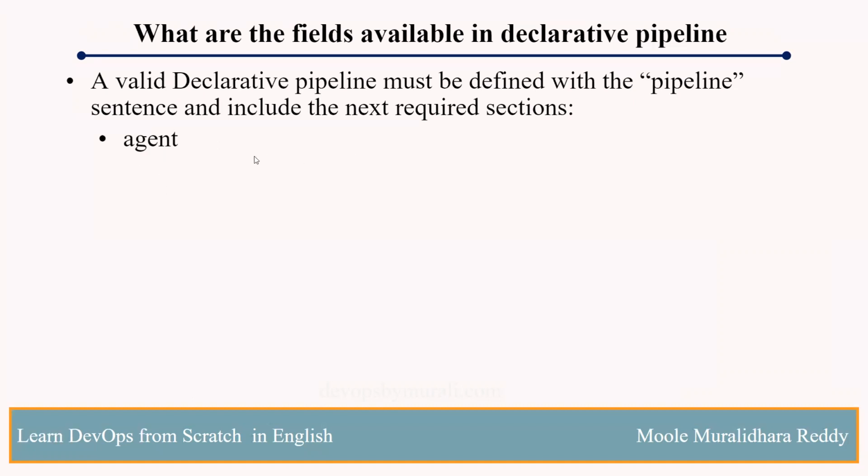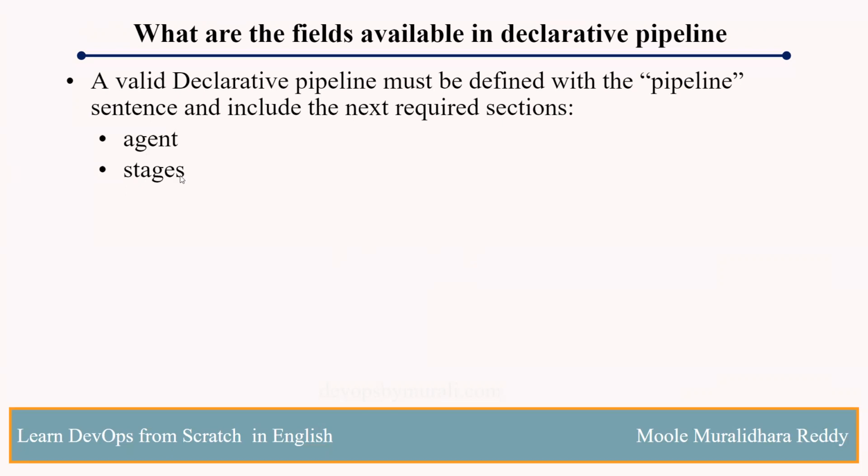If you give agent any, it means whatever is available. For example, we have a master node and slave node. Whatever is available freely, that particular node will run this particular job, Jenkins pipeline. Using agent, we can define where you want to run the particular job, whether you want to run on a master node or use a specific slave node.